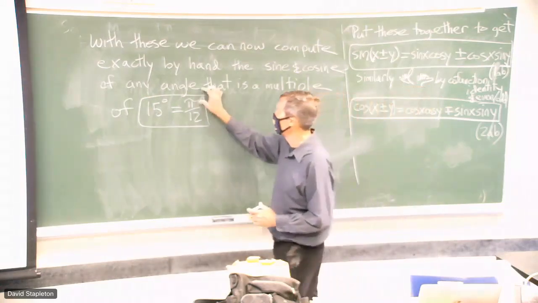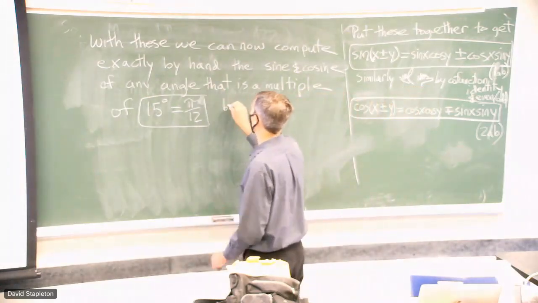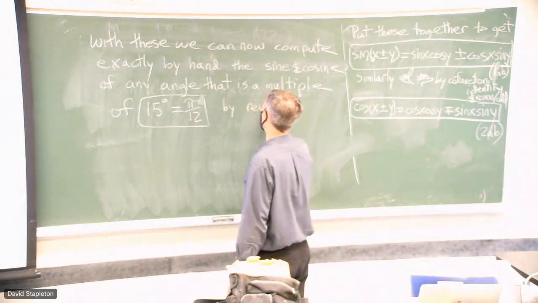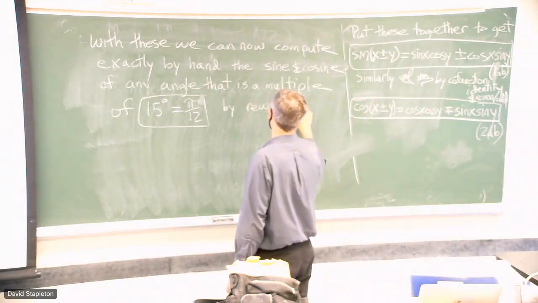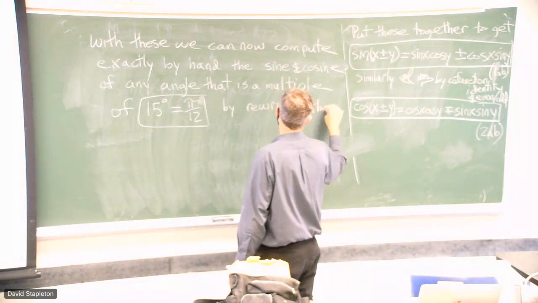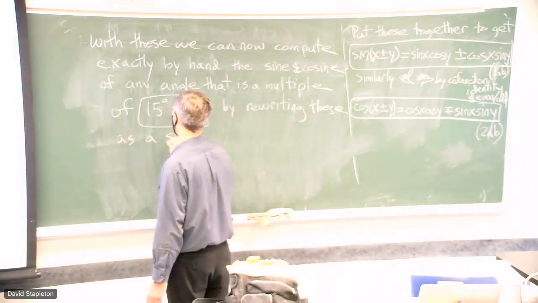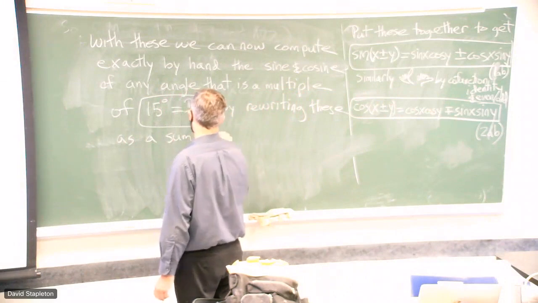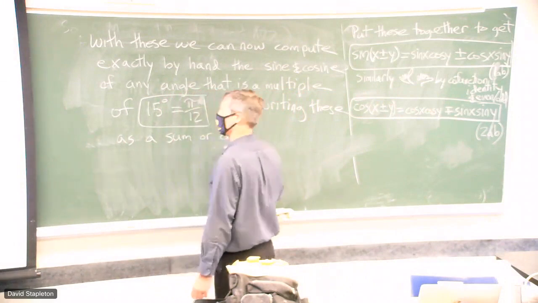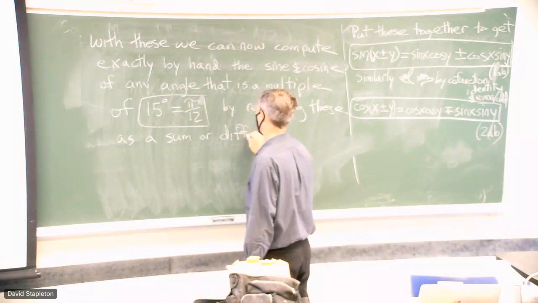And we do this by simply rewriting these as a sum or difference, it doesn't matter, of special angles, the ones that are multiples of 30 or 45 degrees.